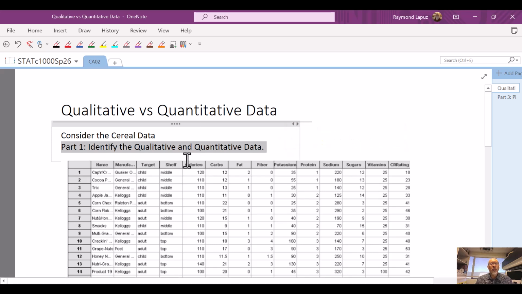So if we were to take a look at this, we can see that we have the name, manufacturer, target, and shelf. They all look like they have names in it. So we know that for the qualitative data, we're looking at names or categories data.